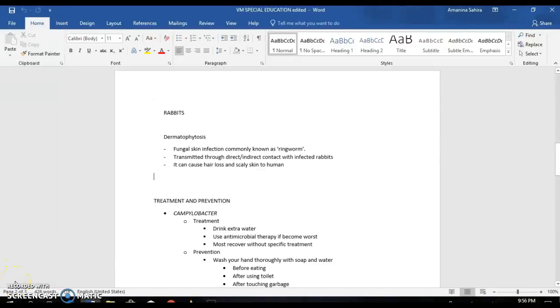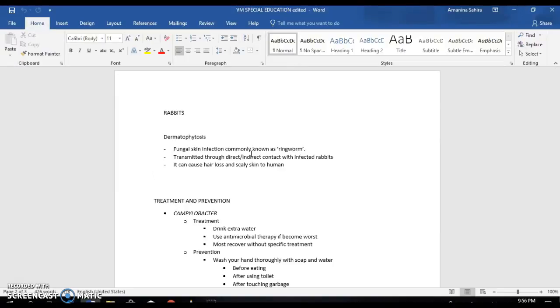The last animal is the rabbit. Rabbits can cause dermatophytosis, which is caused by dermatophytes. Dermatophytes are a group of fungi that invade and grow in dead keratin.